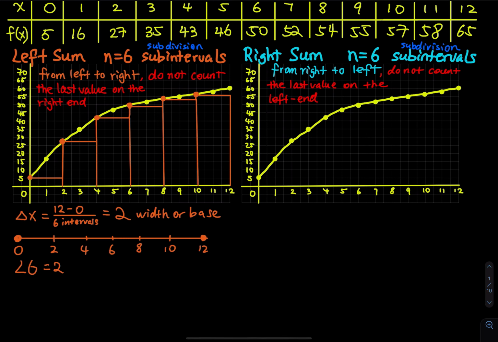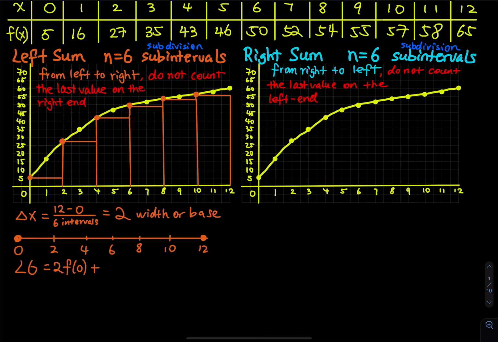Times the height. How do you measure the height? You have to tell me how tall this y value is. When x equals 0, y equals 5. So we write 2 times f of 0, which equals 5.